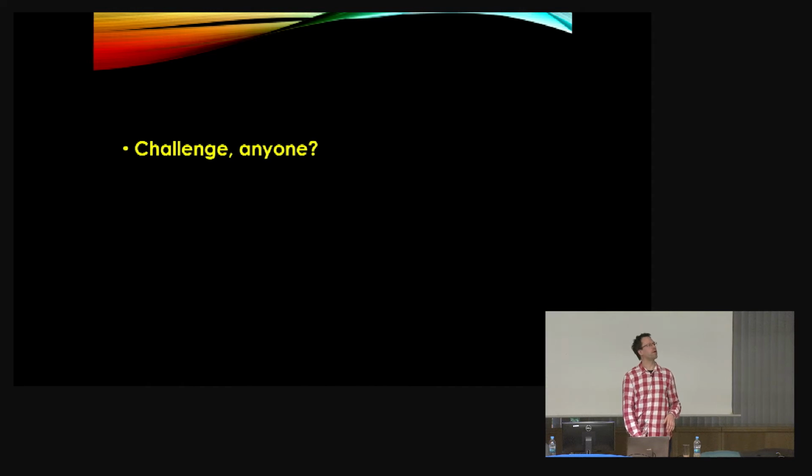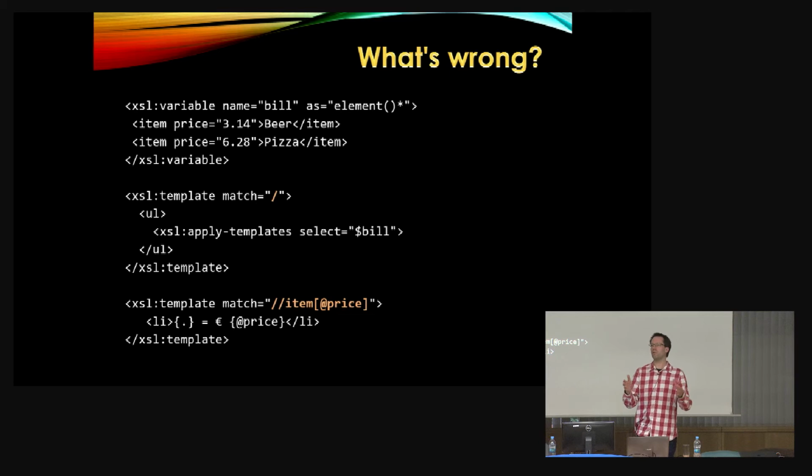So what Norm was saying is that the first example on beer was not matching on a tree that was rooted in a document node. Is that what you said? Yeah. You all saw that, right? So, yeah, that seems about right.